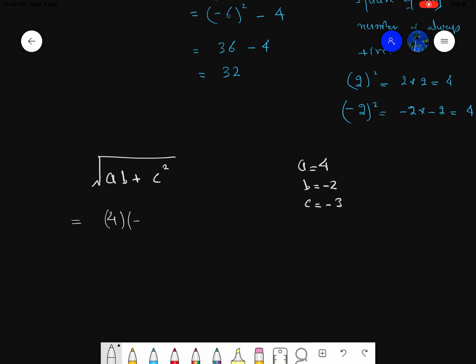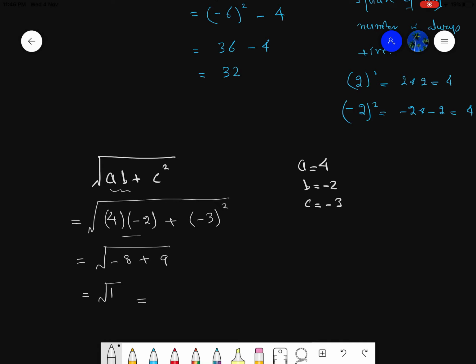So 4 into minus 2, plus c square, which is minus 3 square, under the root. So 4 times minus 2 is minus 8, plus negative 3 whole square. I just told you the square of any number is always positive, so it is minus 3 into minus 3, which ends up in plus 9. So minus 8 plus 9 is plus 1 under the root.